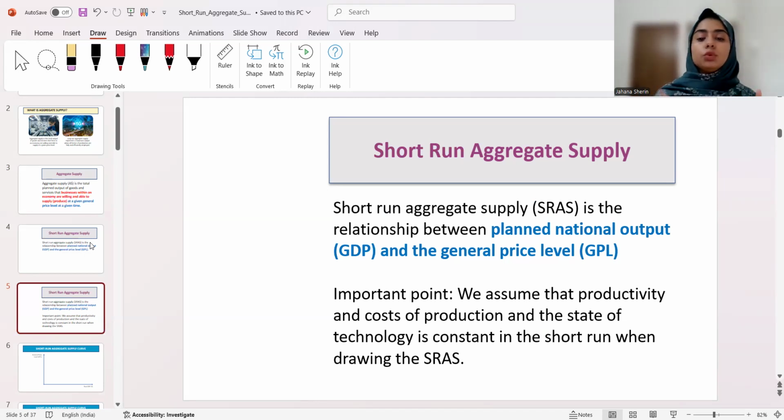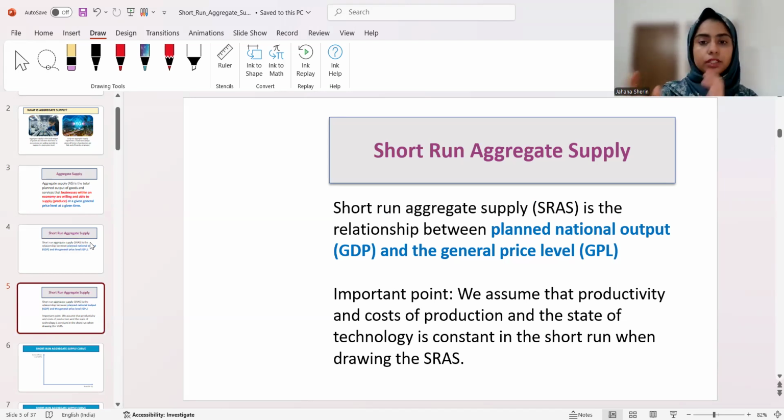We are assuming that productivity, cost of production, and state of technology are constant in the short run when drawing SRAS. When we discuss the long run aggregate supply curve, we do not take these factors as constant. Everything is variable, and everything is taken into consideration in the long run.